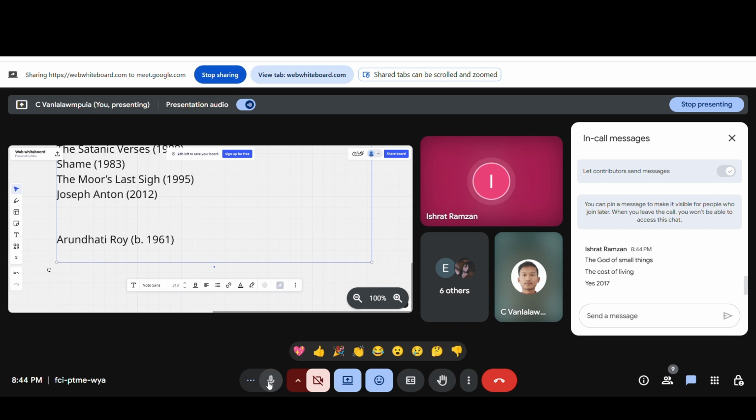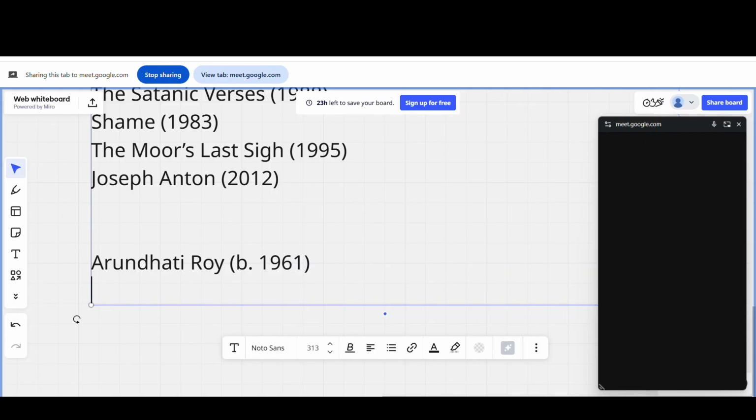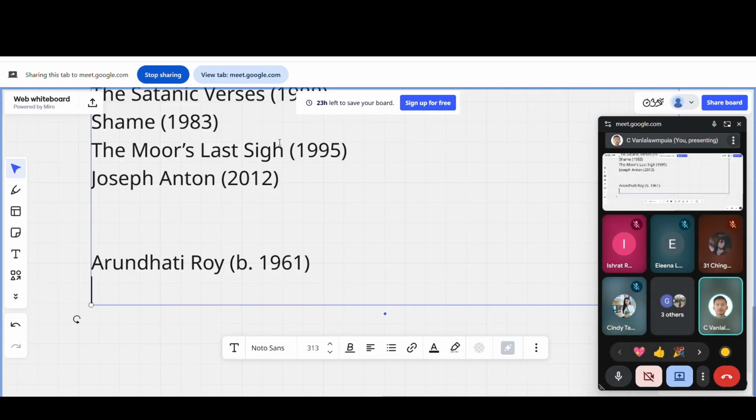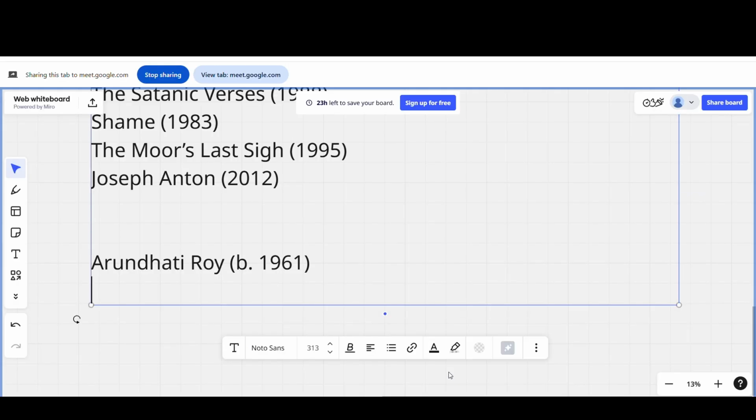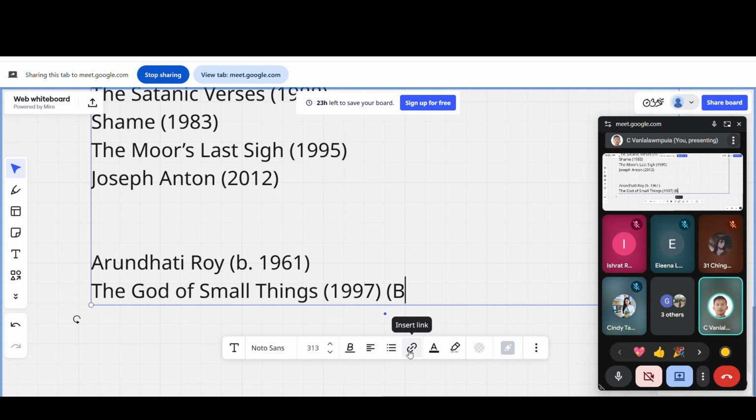Yes. Okay, let's write. She was born in 1961. Okay, the year of their birth is also very important. God of Small Things was published in 1997. Okay, 1997. It won a Booker. Okay, Booker Prize. Like I said, Booker is a literary prize based in the UK.